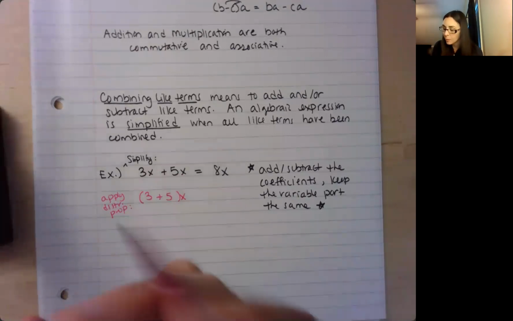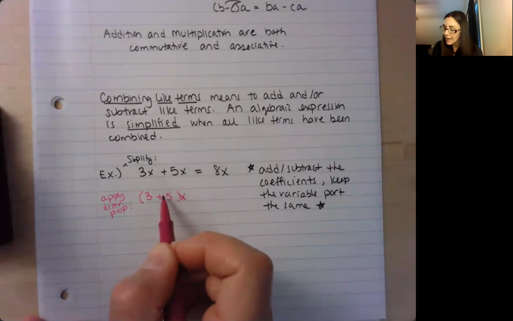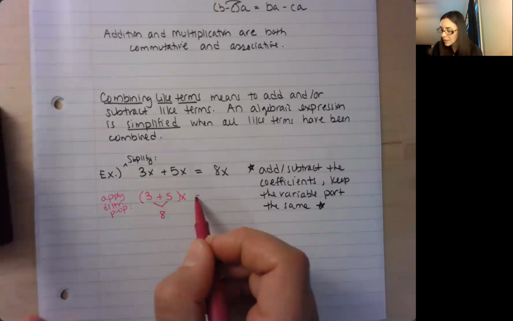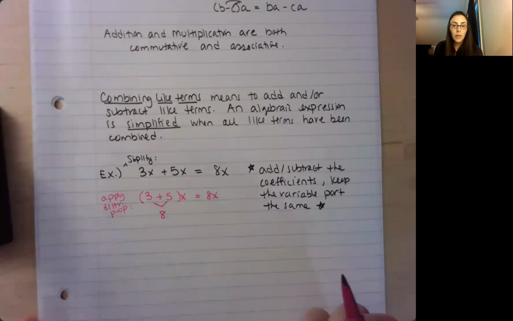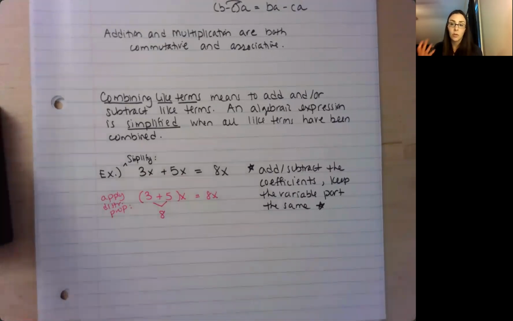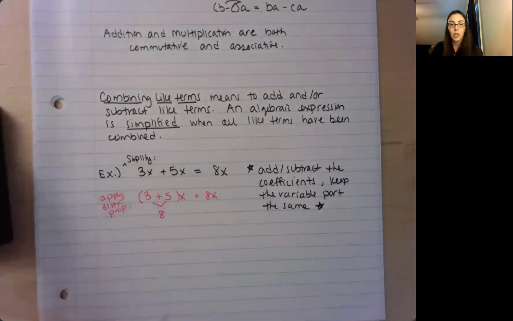I haven't changed the problem because I could bring that x back in, and now I can kind of clearly see that there's the 8, and my answer is just 8x. So we're actually sort of applying the reverse distributive property here to get the reasoning why we can combine like terms. So I just want to point that out, but realistically, I don't expect you to do that every single time. You should be able to look at an example, see what like terms are, and just combine them together.